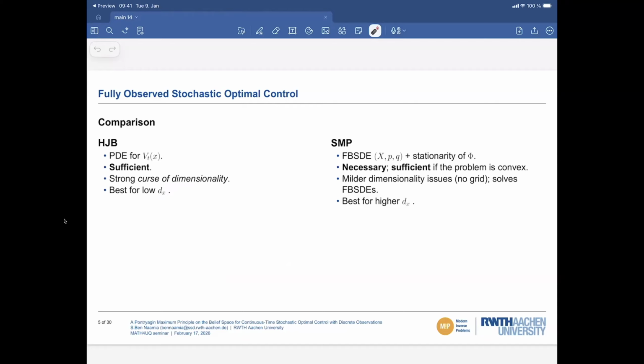Now, it is somehow simpler or easier to solve in terms of grids and time dynamics, but you also have to take care of the adaptivity problem because you have an equation evolving forward and an equation evolving backward, and they are coupled, so you don't want to use information from the future in your control or while solving the problem. So adaptivity needs to be taken care of, which is usually done by projections or conditional expectations, which in higher dimension can also be costly. So it's a trade-off between the two methods.